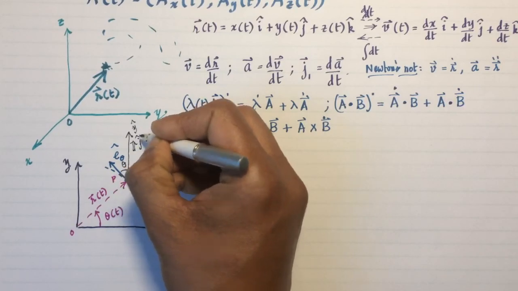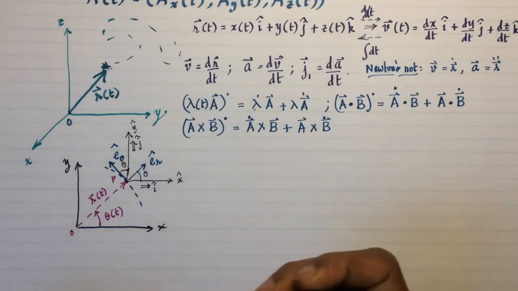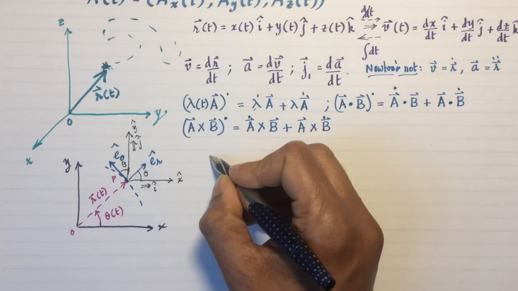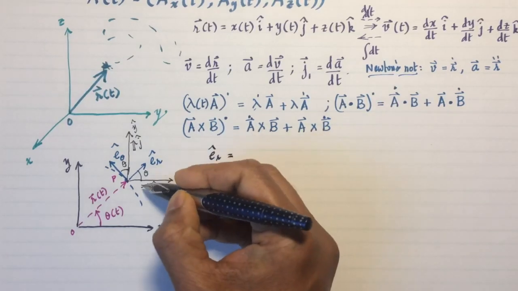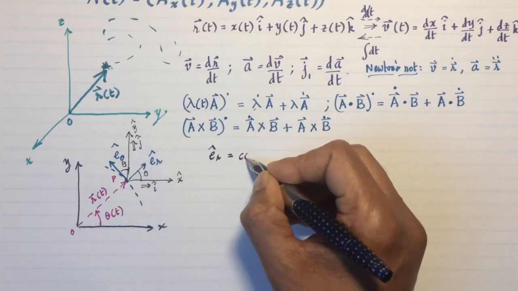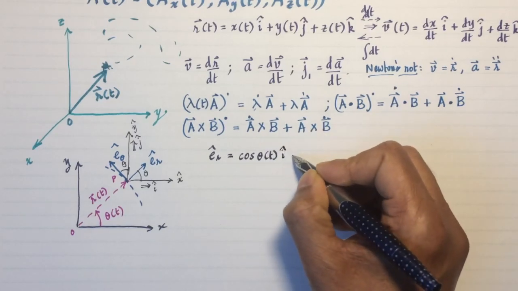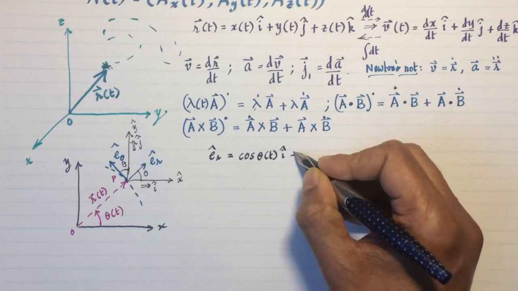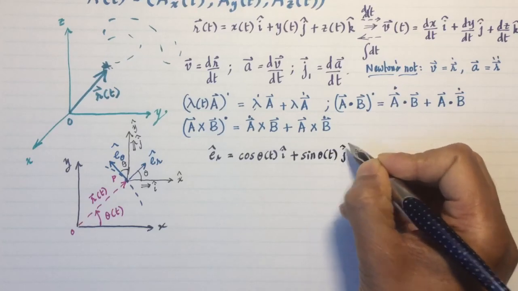So let's try to write expressions for er and e theta as a function of theta and possibly r. So er, if you look at it, has an x component of cosine theta and a y component of sine theta. So this is going to be cosine theta as a function of time, i hat, plus sine theta as a function of time, j hat.